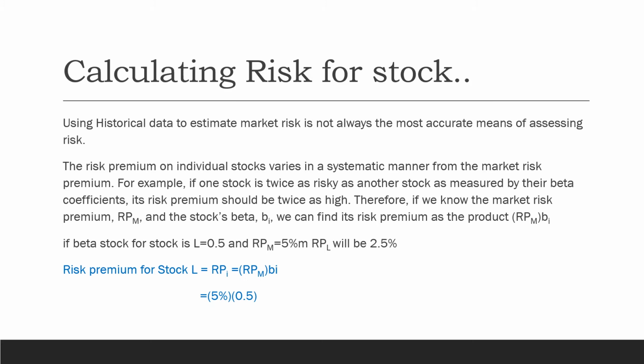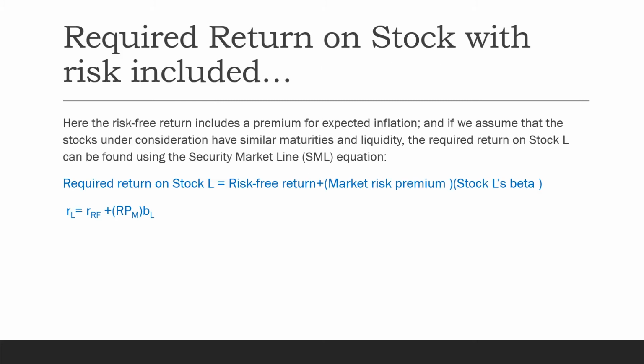So if your risk premium is at 5%, you add in the stock's beta by multiplying it to give you the volatility and gives you the risk premium of the stock. So the RP, which is the risk premium of the investment, times the beta value of the stock. This RPI is taken from historical data, and BI is the volatility of the stock.